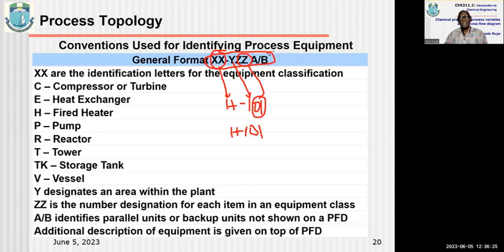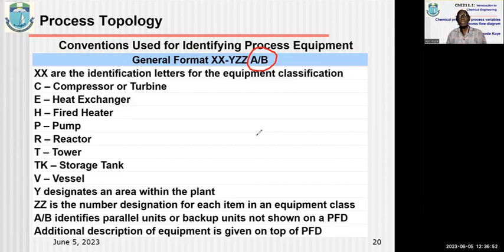The last thing that is here is this: A stroke B. Usually this is used to identify parallel units. That means these are two units, and at any point in time, one will be in use and the other one will not be in use.